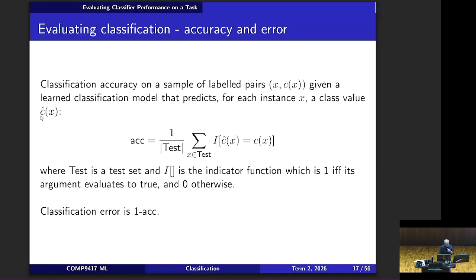Now, the very simplest classical evaluation metric is accuracy, ACC. We imagine we've got a test set. When we're learning, we use accuracy on the training data, but in general, to evaluate, we're interested in a test or eval set of some kind. It compares the predictions for each example with the labels, and then we sum them up. To get an average, we divide by the size of the test set.